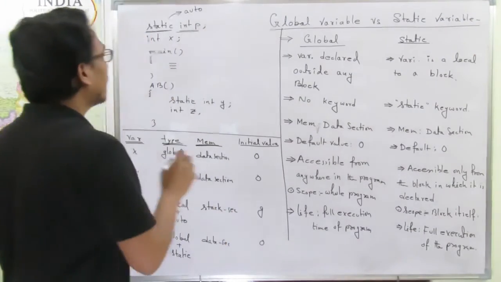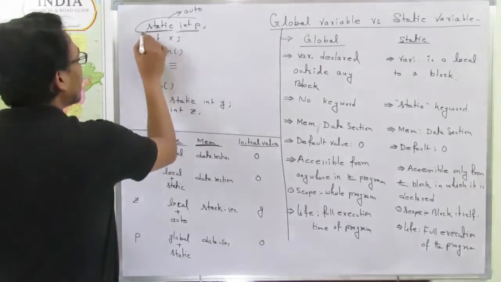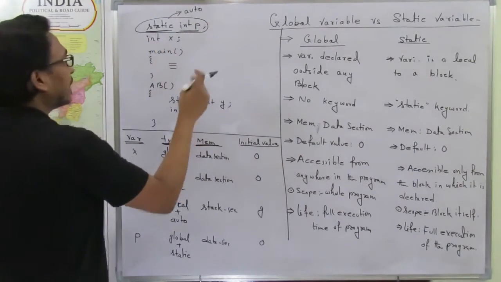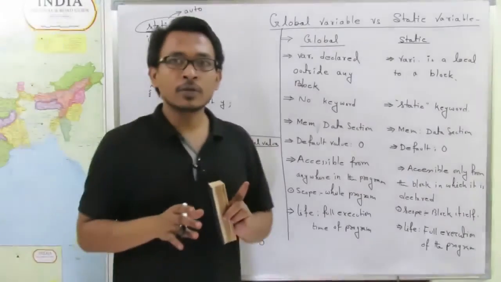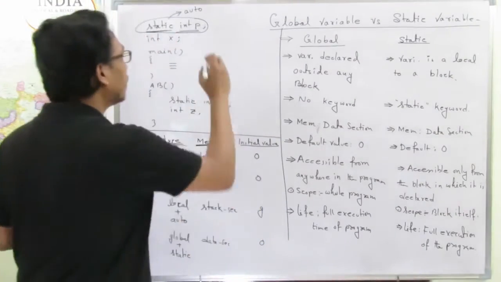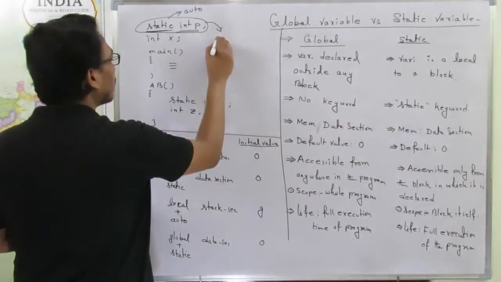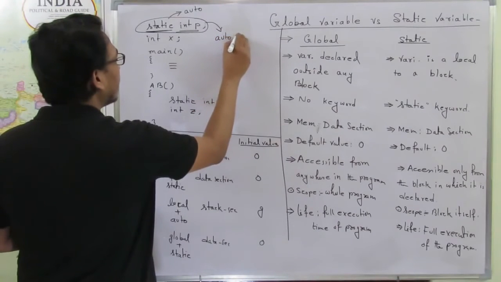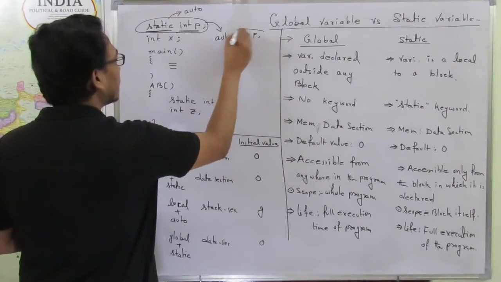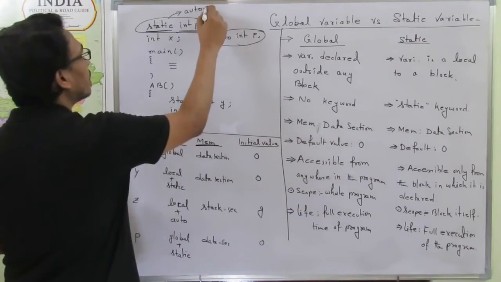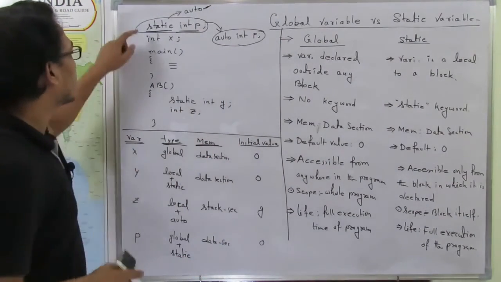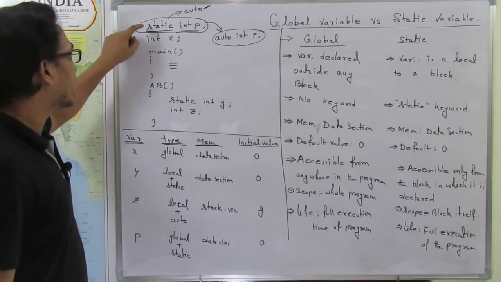We gave this particular instruction in the program, but what will the system execute? The system will convert it into auto int p.